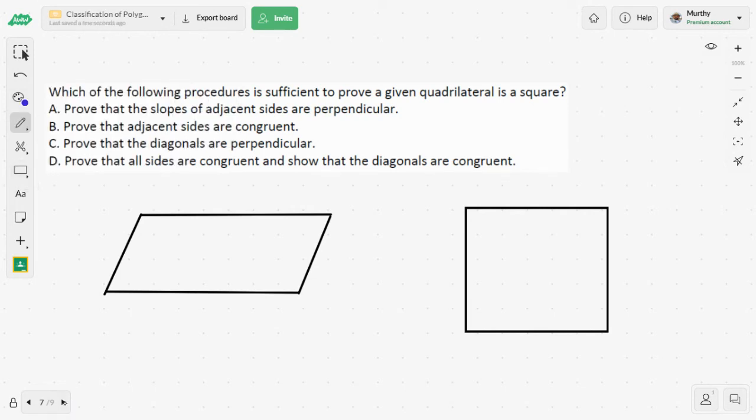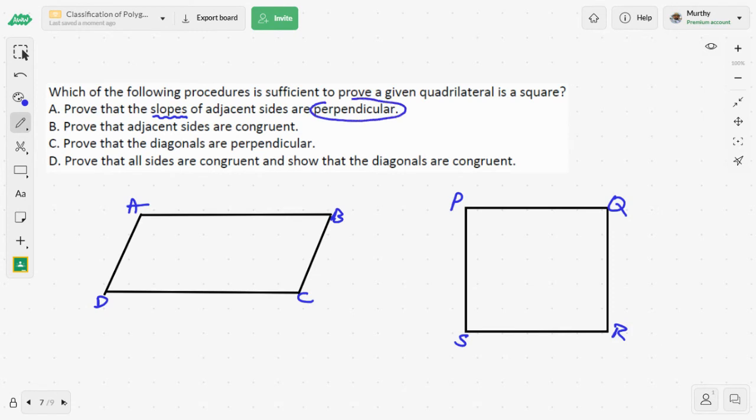I know that in a parallelogram opposite sides are equal, and in a square also opposite sides are equal. But the unique feature is all the four sides are equal. So let's look for that point. The first one is prove that slopes of adjacent sides are perpendicular.